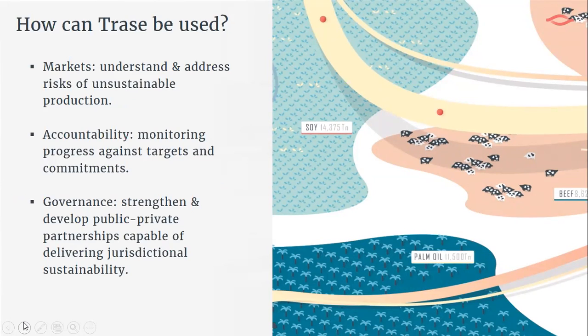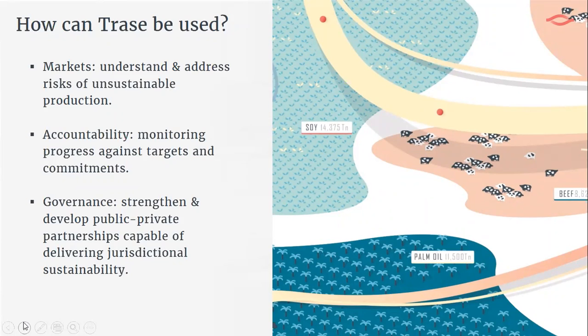Next. So how can Trase be used? As I've alluded to a little bit, it can be used by companies to understand and address risks in their supply chains. We're working with a number of buyers, and Chris will speak to an example of using Trase to understand risks in their sourcing. It can also be used to track progress against zero deforestation commitments.